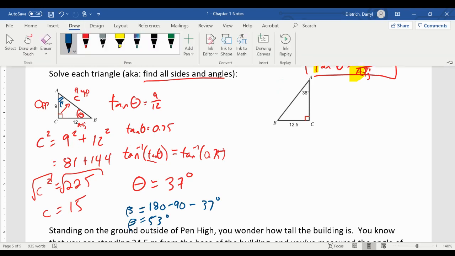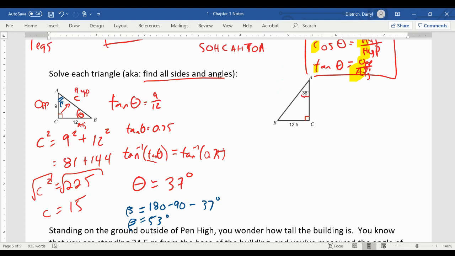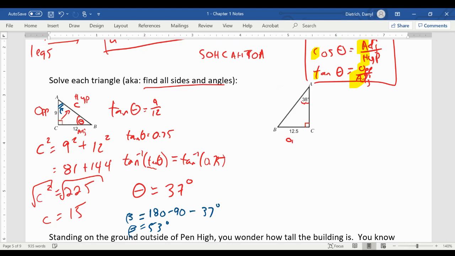Okay, next example. If we have a triangle where we have a side and an angle, let's reference that angle. That's step one. Let's identify our angle before we label the opposite, adjacent, and hypotenuse sides. If I want to find our hypotenuse, we can set up a ratio of two sides for sine: the opposite side over the hypotenuse.